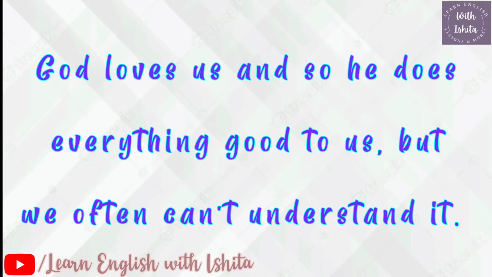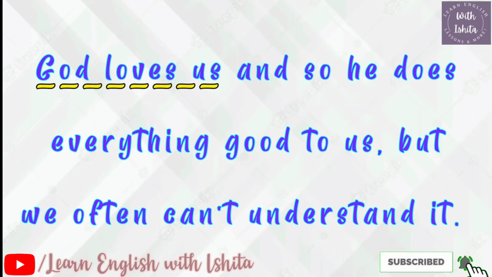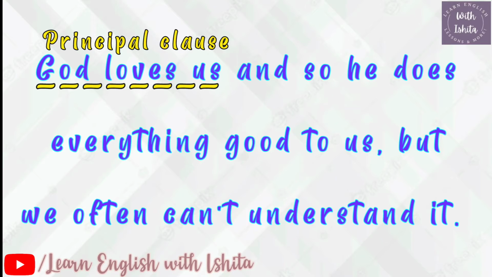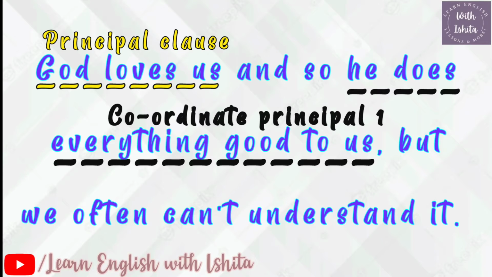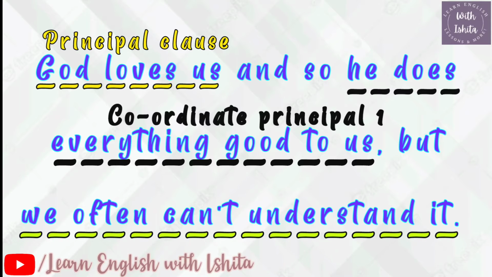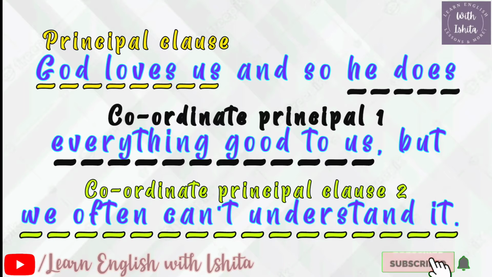In the sentence, God loves us is the principal clause. He does everything good to us is coordinate principal clause number one, and number two is we often cannot understand it.